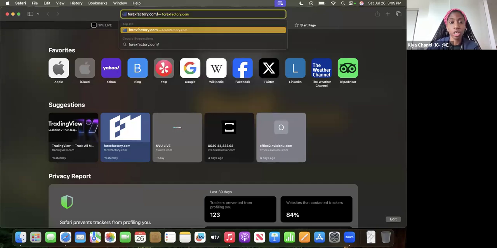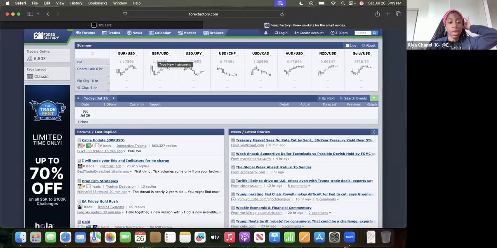Forex Factory is basically where you're going to see the news of what's going on in the world. It's very important to know what news is coming out and what time it's coming out, because it affects how the market is going to move.